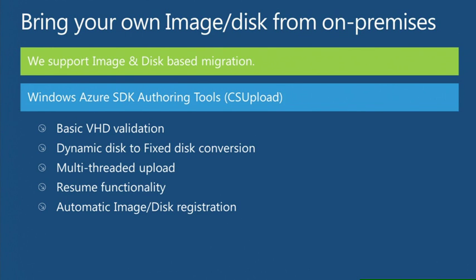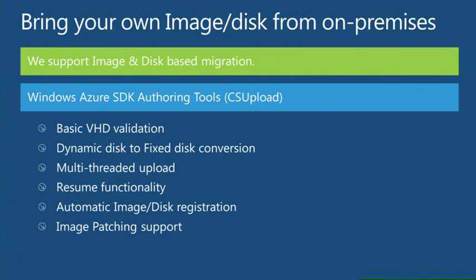So when you go to Windows Azure Management Portal, immediately you will find this image or the disk that you're bringing from on-premise showing up right there for you to start your imaging session. Last thing many customers have asked for, which we have done in the last release, is essentially the patching support. Because we support dynamic to fixed disk conversion, let's say you have a new patch for your WebSphere Java stack in an image, you can just upload that piece of bits using this patching functionality also.